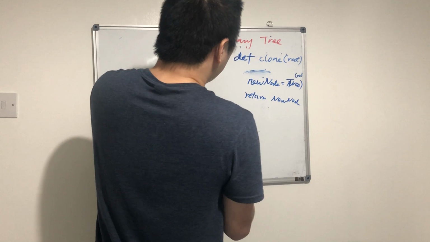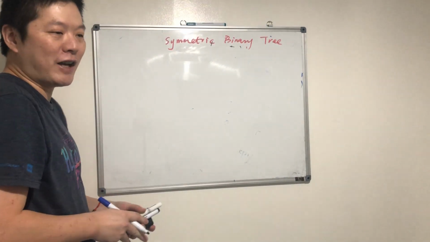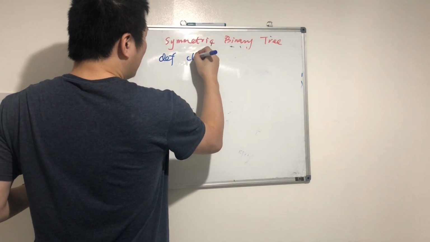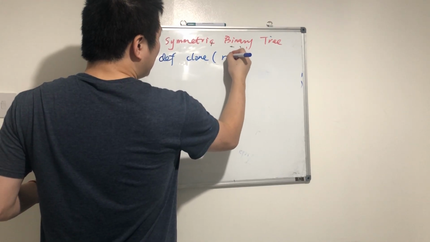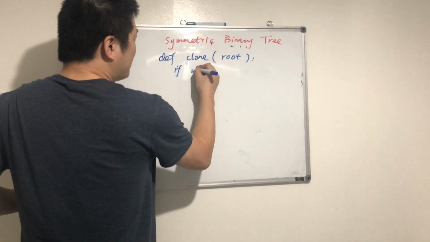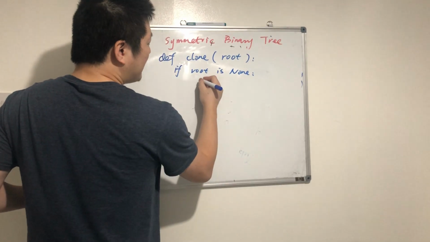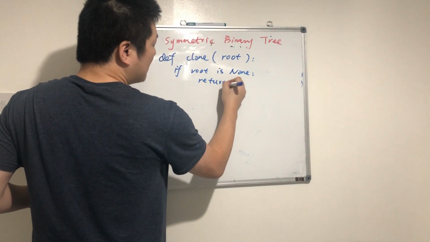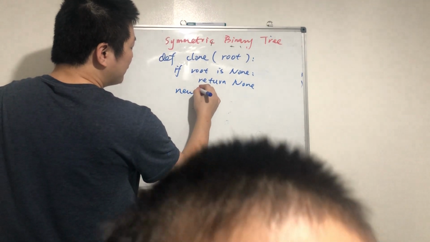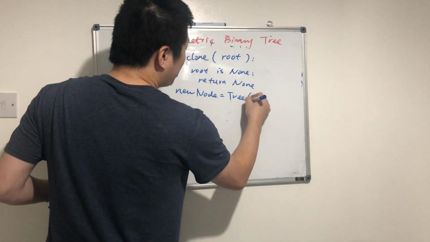But for the clone, let's talk about cloning the entire thing, and then you tell me what to write. Look, define clone of root. If root is None, return None. And then I create a new node equal to a tree with the root value.